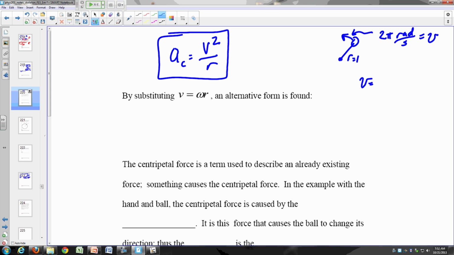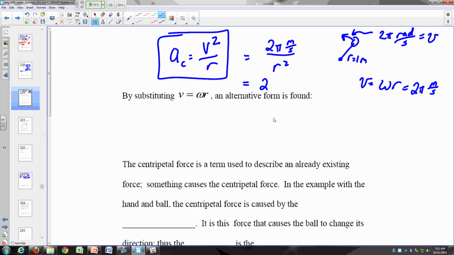So v is equal to omega r. r is 1 meter, omega is 2 pi, so v is 2 pi meters per second. Okay, so that's my velocity. And then if I want to find the centripetal acceleration, it's going to be that linear velocity, which is 2 pi meters per second, over r squared, where r is 1 meter. So that's just going to be 2 pi.